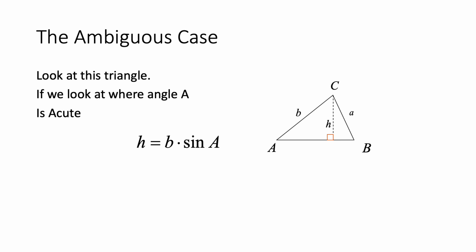So we're going to look at this triangle, and we have angle A as an acute angle. Then we take that angle, we can draw up a height here, and you see that the height is equal to B times the sine of A, which should make sense based on what we know about sine.